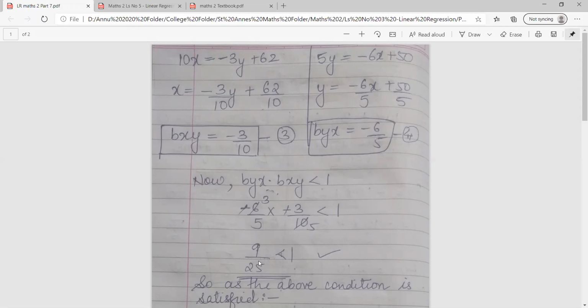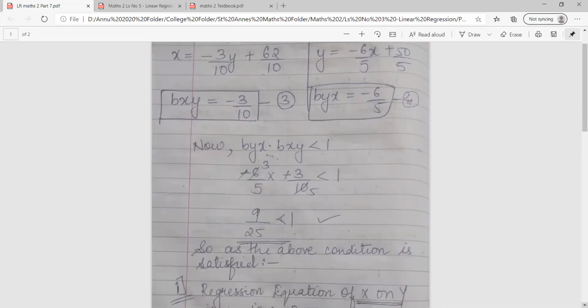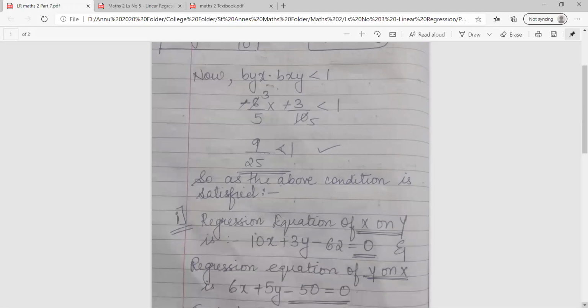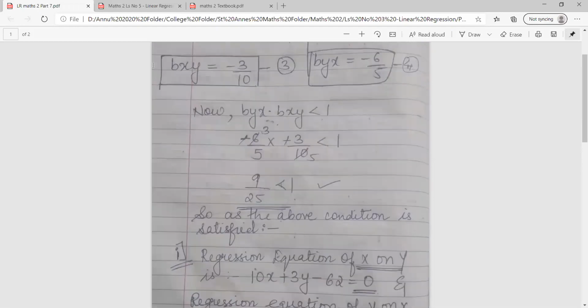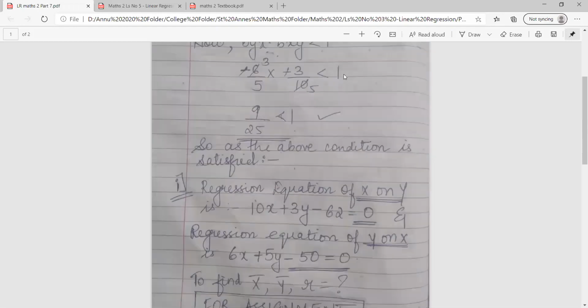Now we have to check for the condition. Byx into bxy should be less than 1. So over here, the condition is finally satisfied. That is, we are getting 9 by 25, which is less than 1. So the above condition is satisfied. So now what we can say is, as per our assumption, that is case 2, the first equation will be x on y and the other equation will be y on x.